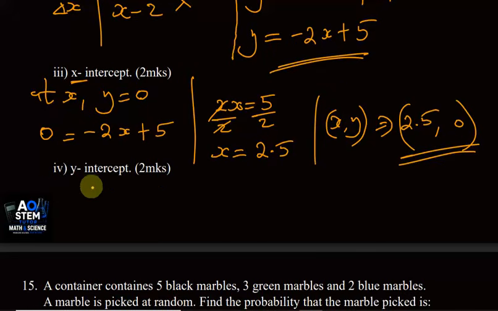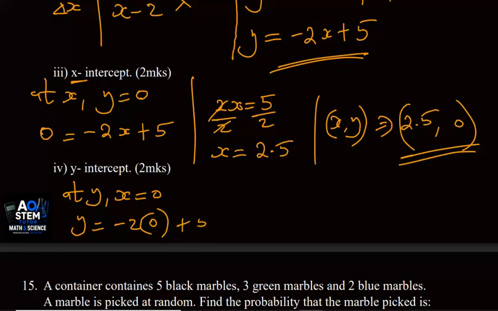Next, let's find the y-intercept. Still, at y-intercept, x is 0. Therefore, in this standard equation where we have x, we put 0. It will be y equals negative 2 times 0, then plus 5.